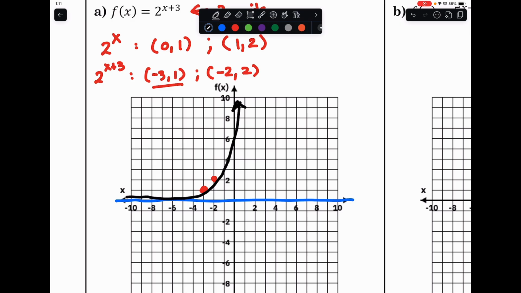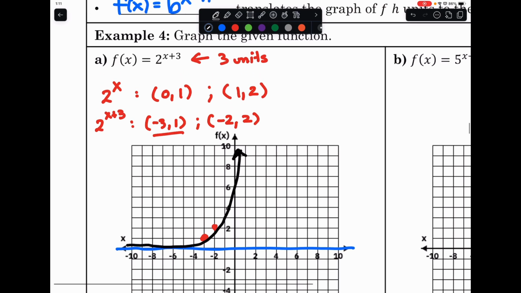Now, the key thing that I want you to pay attention to here is look what's happening to the x values. The x coordinates of these original points are now 3 units smaller. So 0 minus 3 is equal to negative 3, and 1 minus 3 is negative 2.